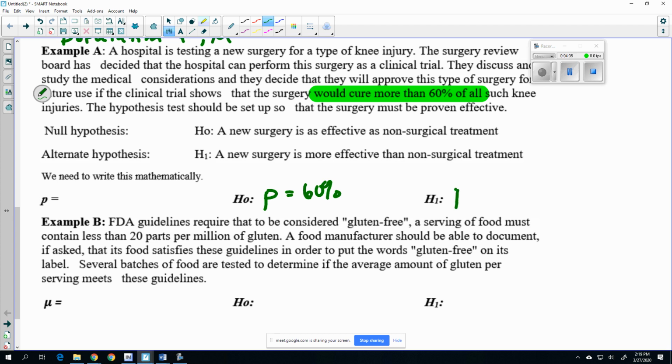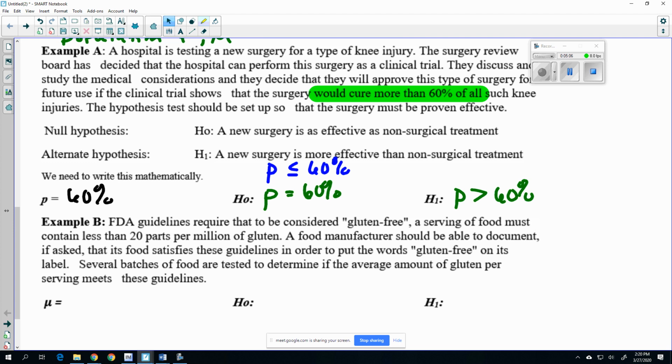So that is P is greater than 60%. Now, some people would like to do this: my new surgery will cure up to 60%, and I'm not going to make a change unless it cures more than 60%. So my P, my percent, is 60%. That came right out of the problem. That's how I know when to use P, proportion, for a percent.